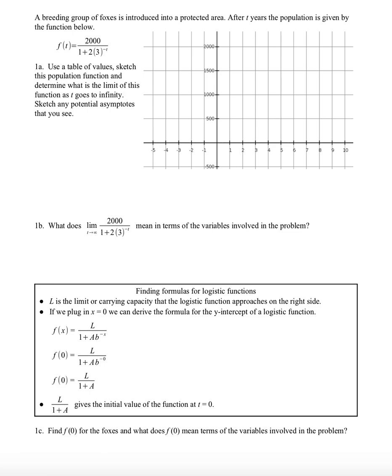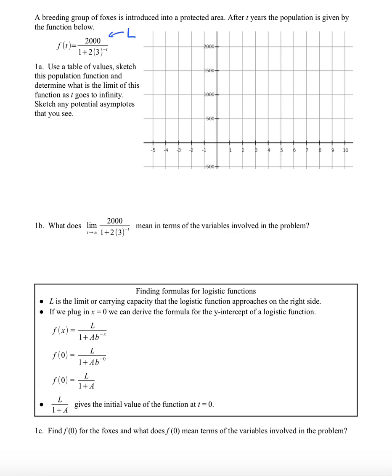Here we have a function describing the fox's growth, and we want to plot this logistic function using a table of values. So one of the things we can do right off the bat from a logistic function is recognize the carrying capacity in the formula.